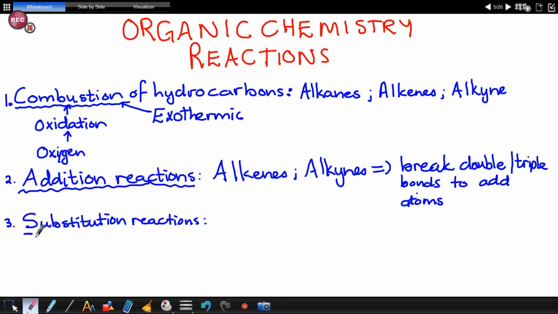So substitution reactions is, for example, where you remove a hydrogen and you put something else in its place, or you remove a chlorine and you put something else in its place, or you remove a hydroxyl group and you put something else in its place.